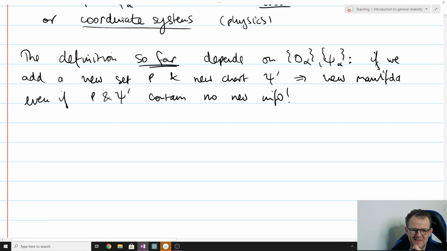If you have a whole bunch of sets covering M and you add one that is covered by all the original sets, and you don't actually add any information, then it's a bit strange that you have a totally new, different manifold. So we don't like that. It's a bit silly. So to eliminate this, we don't like this arbitrariness.